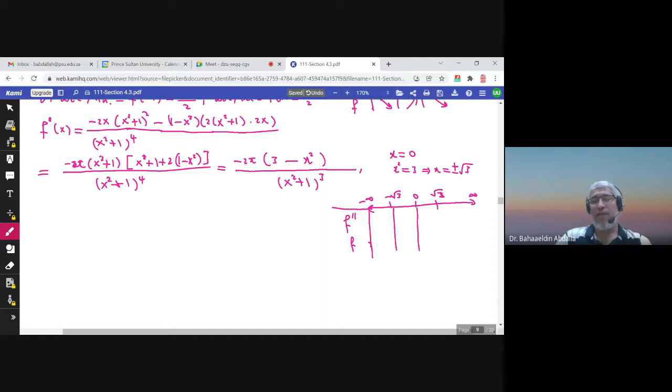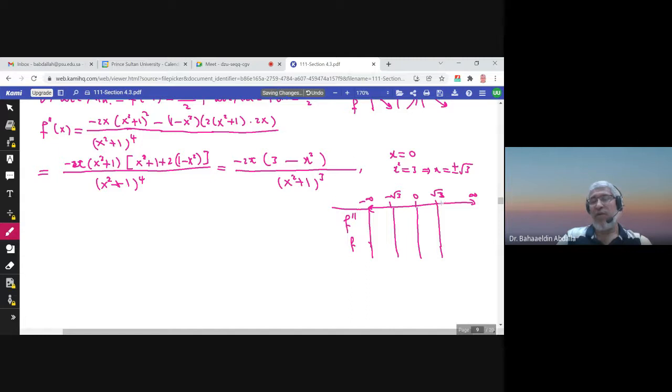Let us test the signs of f double prime. Well, notice that I have 3 zeros, and the numerator of f double prime is of degree 3. So it's enough to find one sign in one interval.